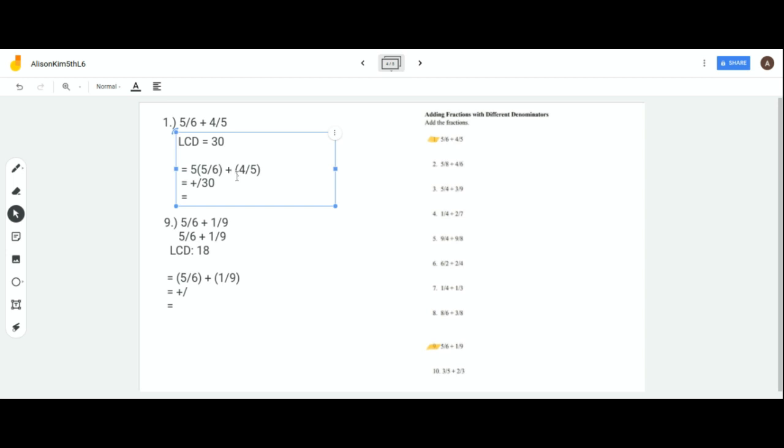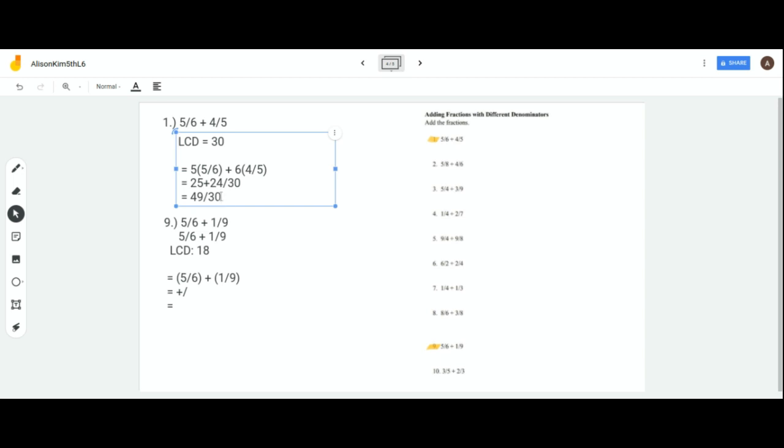As for 4 over 5, we need to multiply it by 6 because 30 divided by 5 is 6. And then we distribute, and we get 25 plus 24 over 30. And 25 plus 24 is 49 over 30.